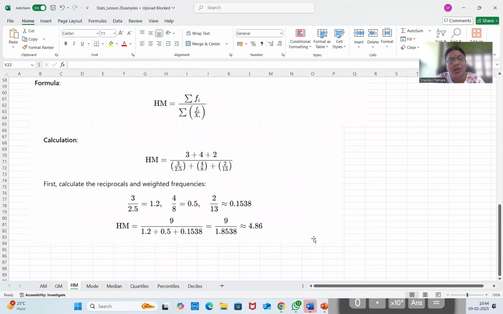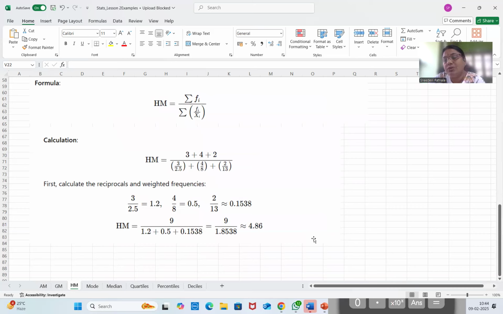HM is nothing but your harmonic mean. So the basic concept to remember for any means, either it is arithmetic mean or geometric mean or harmonic mean: when a class interval is given, a midpoint needs to be considered. A midpoint is called an Xi, where you take the class interval and divide by 2, and that becomes your Xi. Only for your geometric mean, in your formula, you have a log Xi.